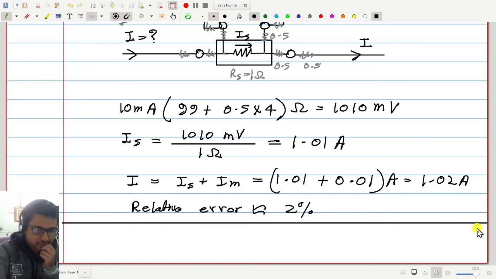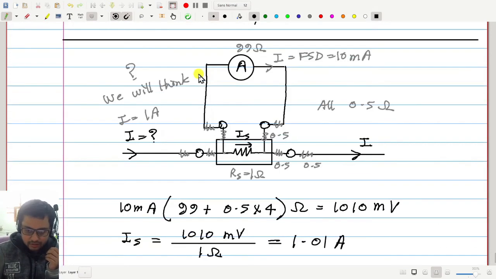Sir, in this case, the current is more, wouldn't it damage the ammeter? In this case? No, the ammeter, we have set up this thing to measure up to 1 ampere current.